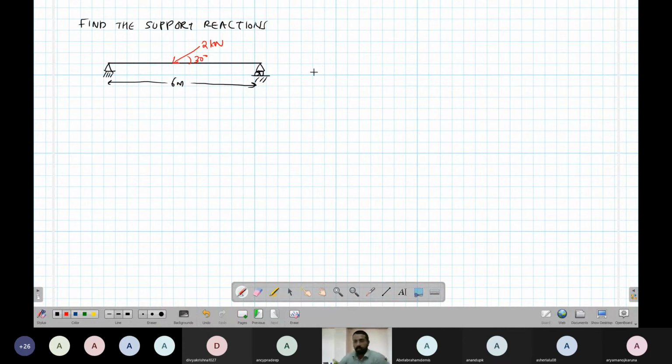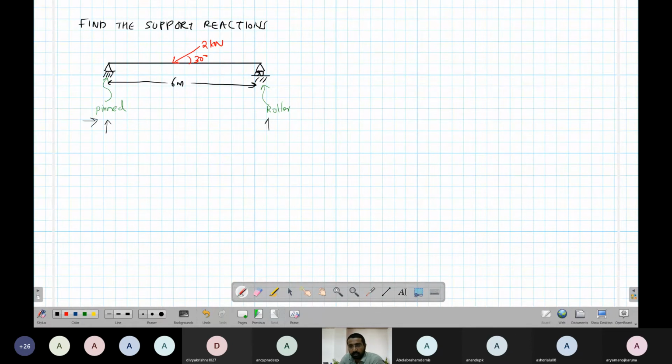Now, how do you solve this? The first thing is you have to observe the support. What are the supports given? There is a pin support here and this is a roller support. Pin support can have two reactions, a horizontal reaction and a vertical reaction.